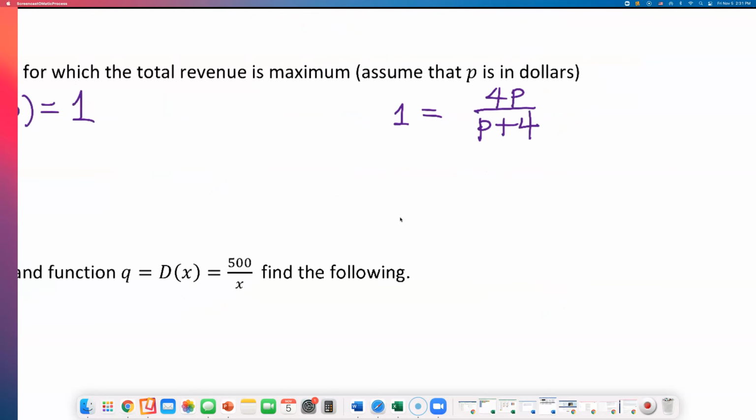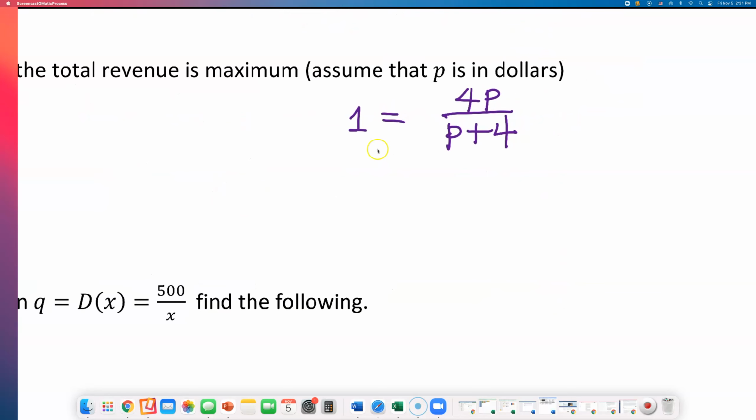I'm going to multiply both sides by p plus 4. Well, for a fraction to be 1, the top and the bottom have to be equal to each other, right? So 4p must equal p plus 4.